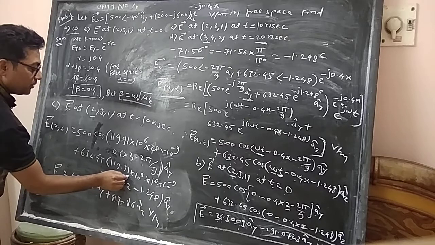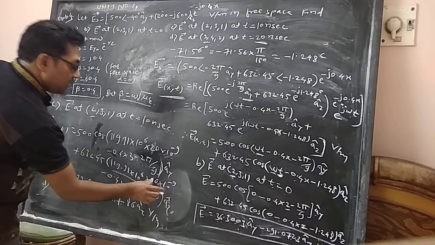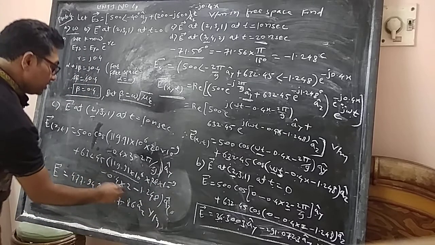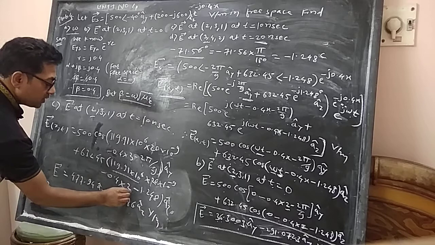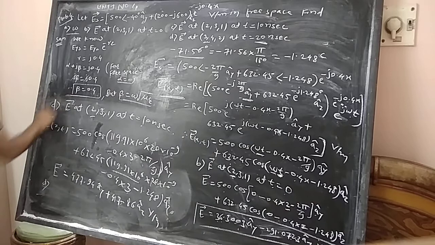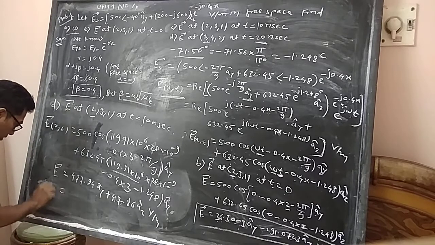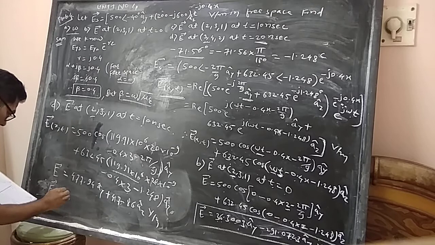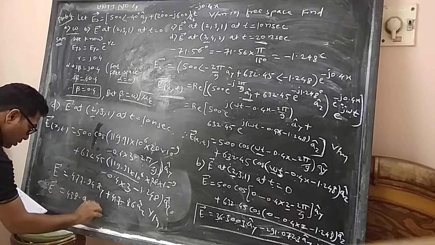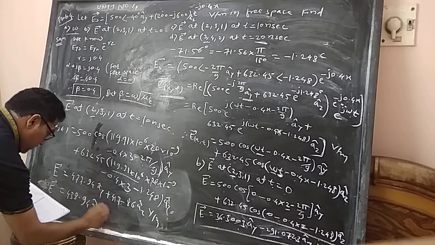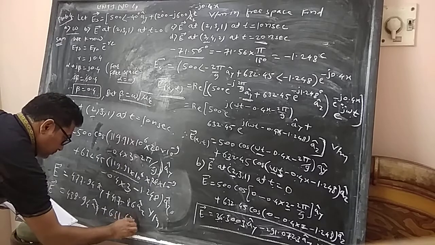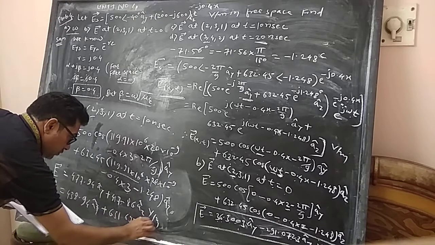Again the value of omega is the same and the time changes from 10 to 20, and the remaining part is the same, 0.4 multiplied by the x coordinate 3. So the answer for option D is E vector equal to 438.94 ay plus 631.695 az V per meter.